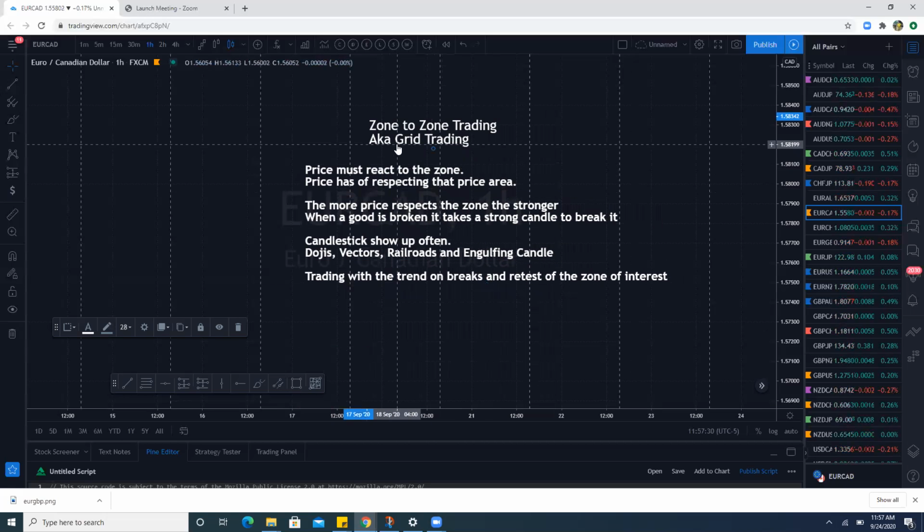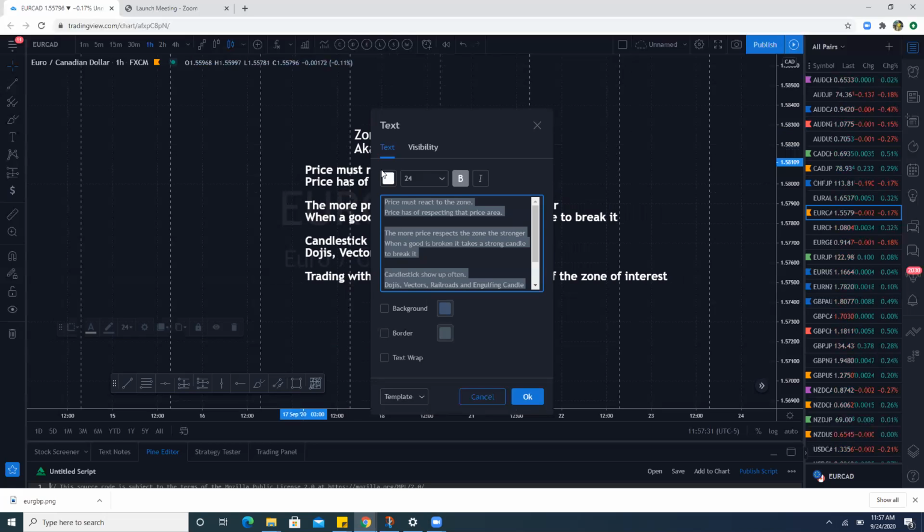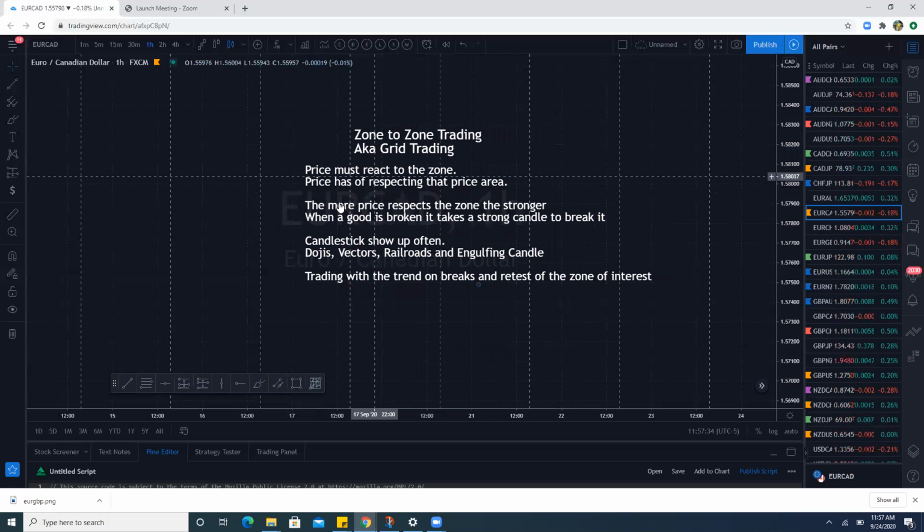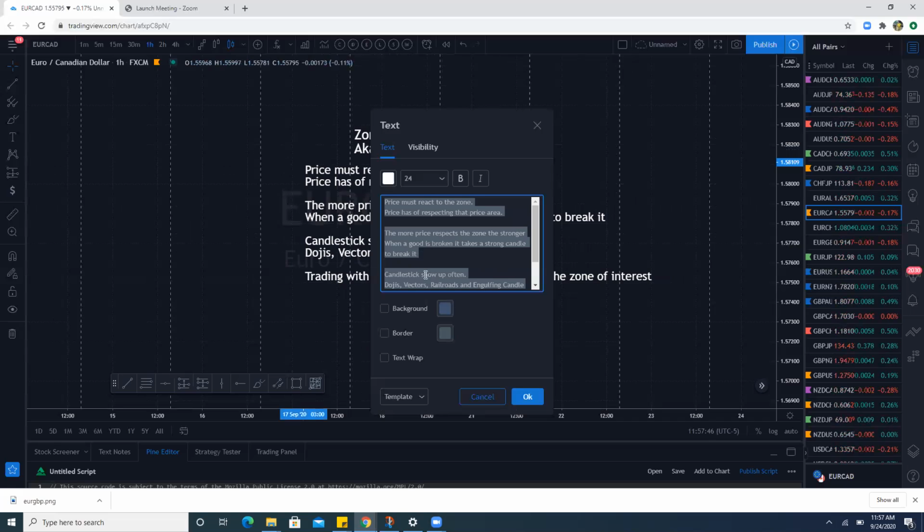So this is basically your guideline to zone trading. Price must react, has a history, the more the better. It takes a strong candle, and then candlestick patterns show up often in the area.